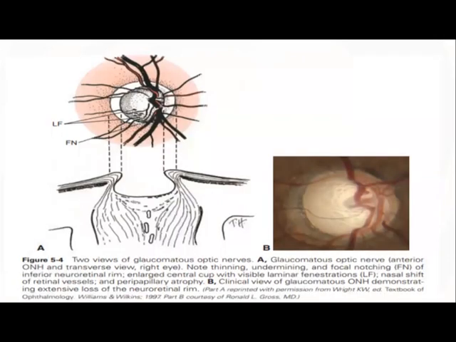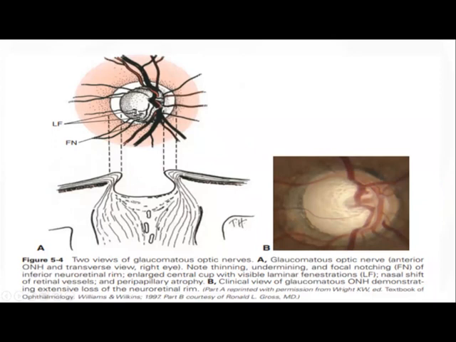This is a view of the glaucomatous optic nerve. Diagram A shows a glaucomatous optic nerve in a transverse view of the right eye, and we can see the thinning, undermining, and focal notching of the inferior neuroretinal rim, and an enlarged central cup with visible laminar fenestrations.